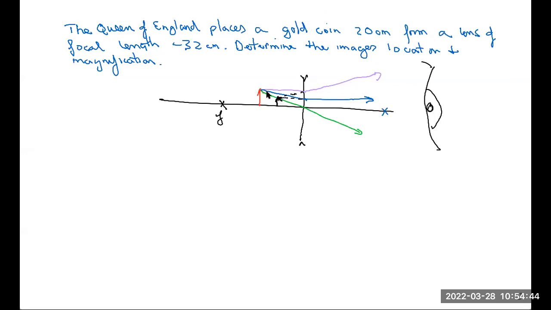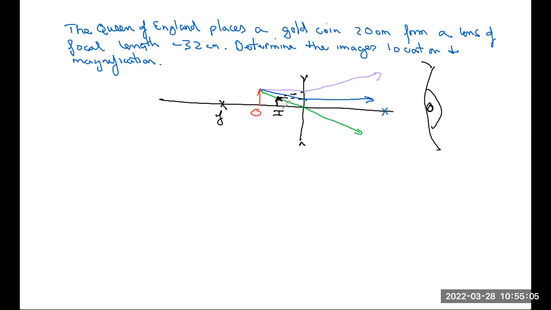And so we've constructed the location of the image from the location of the object by drawing a few rays that obey the laws of refraction when the light is refracted at the lens.